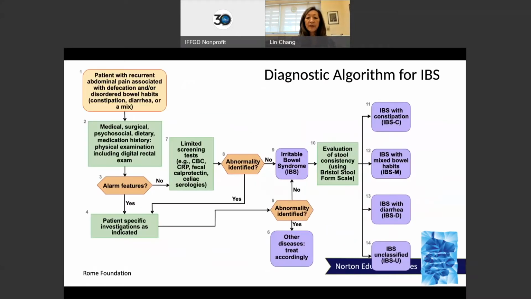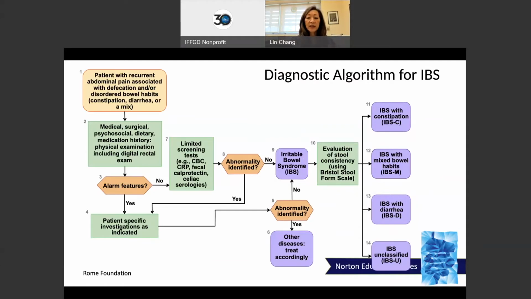So since IBS is really a symptom-based diagnosis, this is a diagnostic algorithm that we often go through when we see a patient with IBS symptoms. We always start off on the left upper box with the symptoms, because that's really what the patients present with. Patients who have recurrent abdominal pain associated with defecation and/or disordered bowel habits have the main key symptoms of IBS.